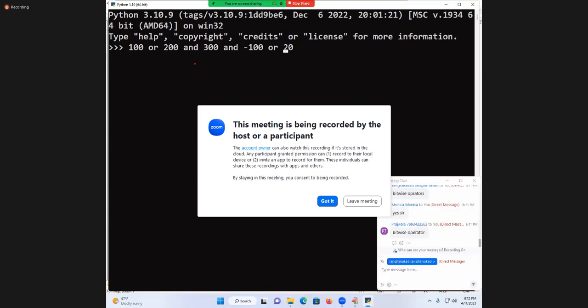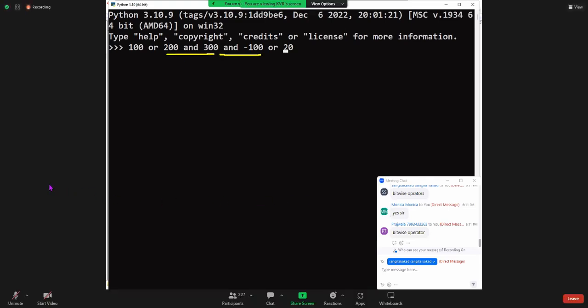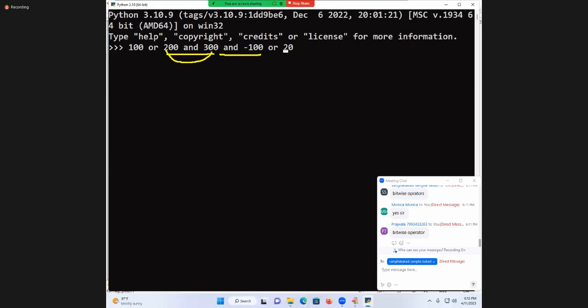First, I told you which operator comes first. Both of you need to evaluate. So 100 and 300 is what? 300 is the answer. And then 100 minus 1, what is the answer?